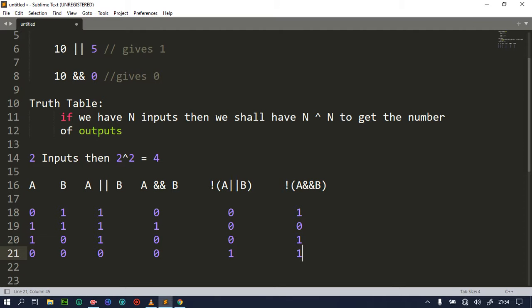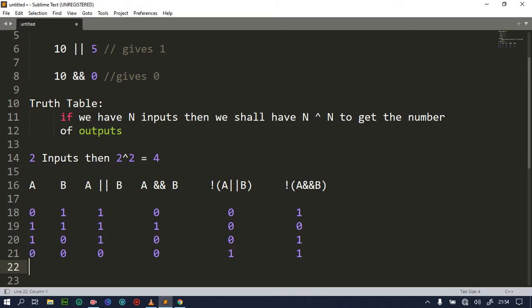Are we together? So that makes a perfect understanding of those logical operators. Don't worry, we are yet to have as many examples as possible as we move beyond this.